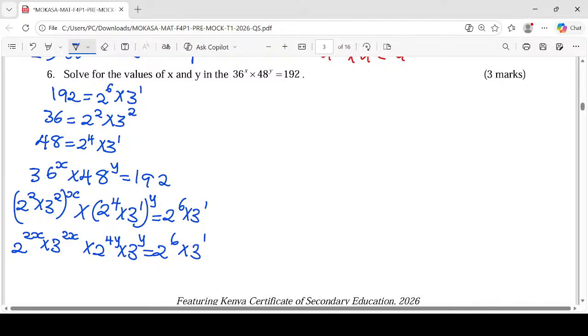So this can be written as 2 to the power of 2x being multiplied by 2 to the power of 4y being multiplied now by 3 to the power of 2x being multiplied by 3 to the power of y to give me 2 power 6 multiplied by 3 power 1.